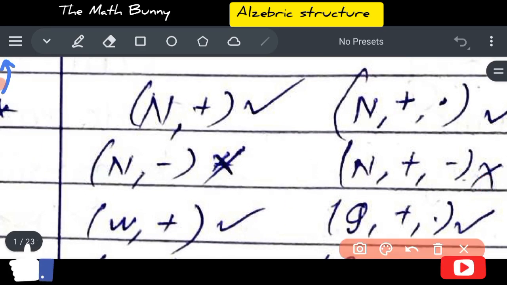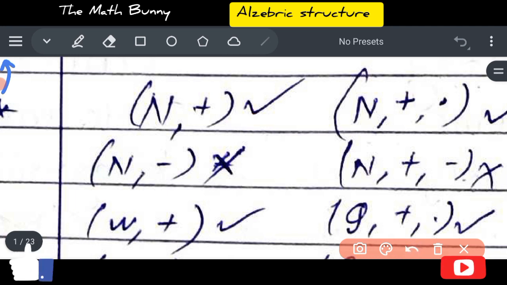Let's take this type of algebraic structure, N with plus. If you take a and b, suppose you take 1 and 2 and add them, you will definitely get a natural number. So the result is also from this same set. This is a binary operation, so this is an algebraic structure.